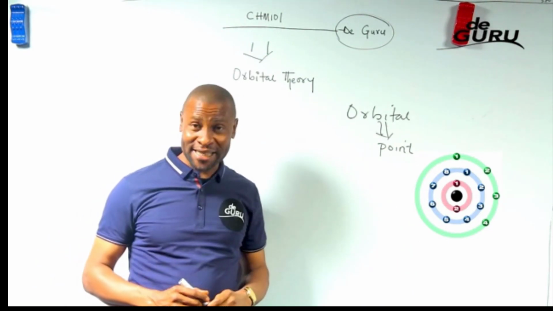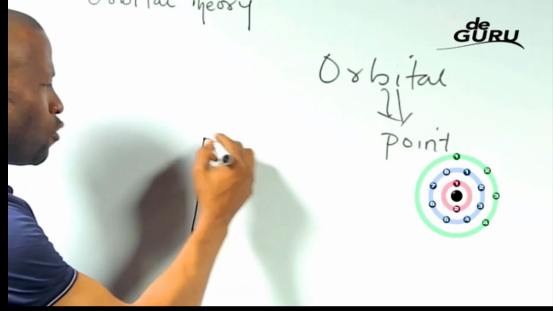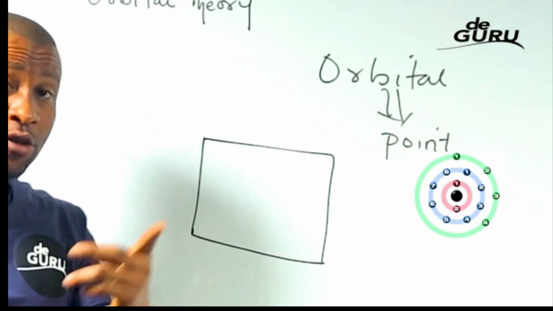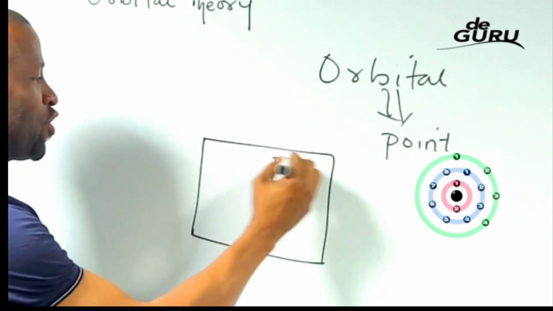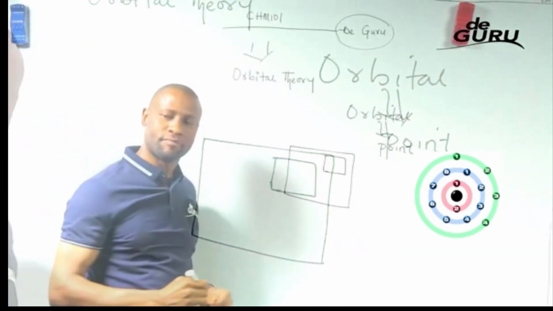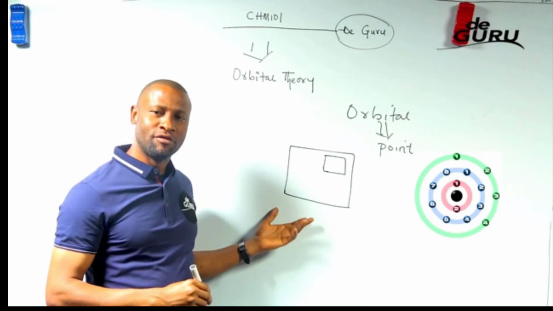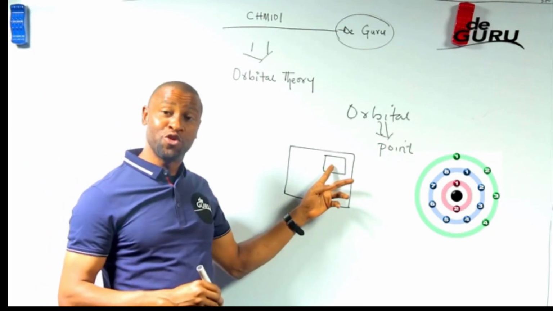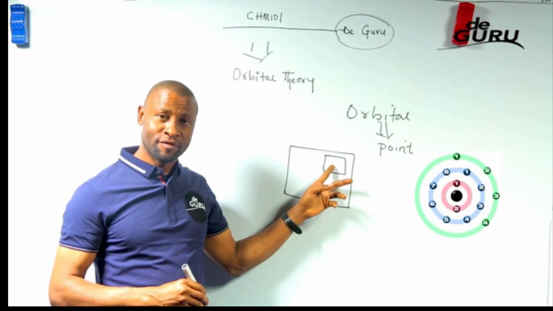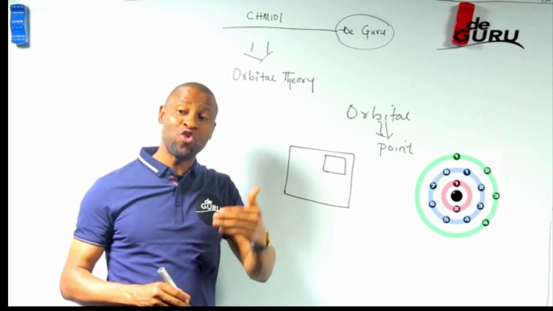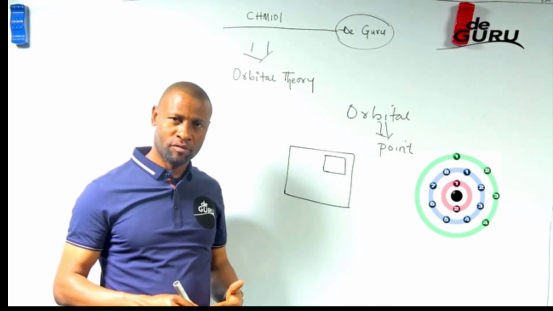What do I mean by that? If you have a house, in your house, you are supposed to have a room. If somebody comes to your house, the person goes to your room to locate you. In an ideal situation, your room is supposed to be a portion of your house where you're most likely found.